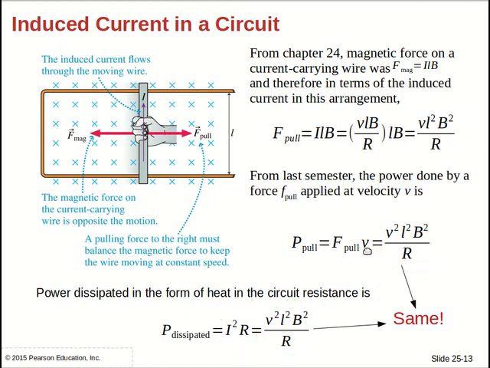So we see that energy is conserved here. The power delivered by the hand pulling the bar exactly turns into the power that is dissipated in the wire as heat. And the two approaches from slightly different starting points show that they're equal to the same number.